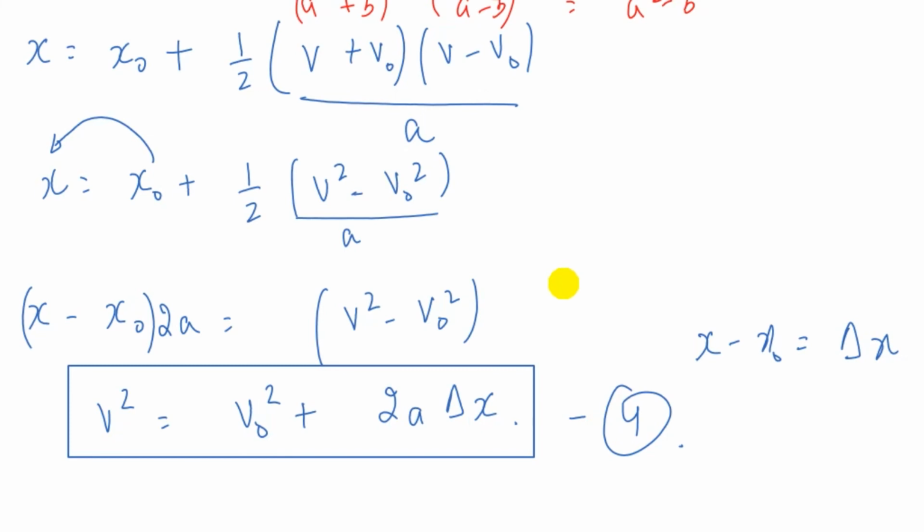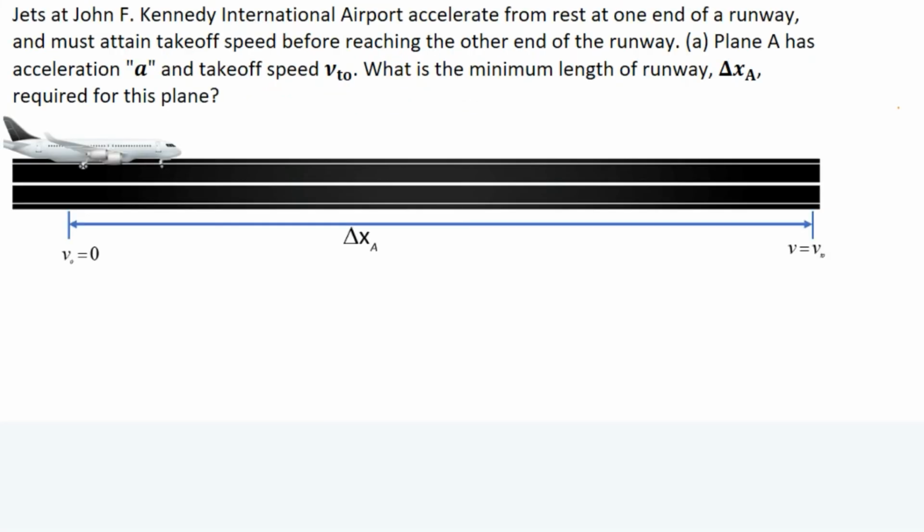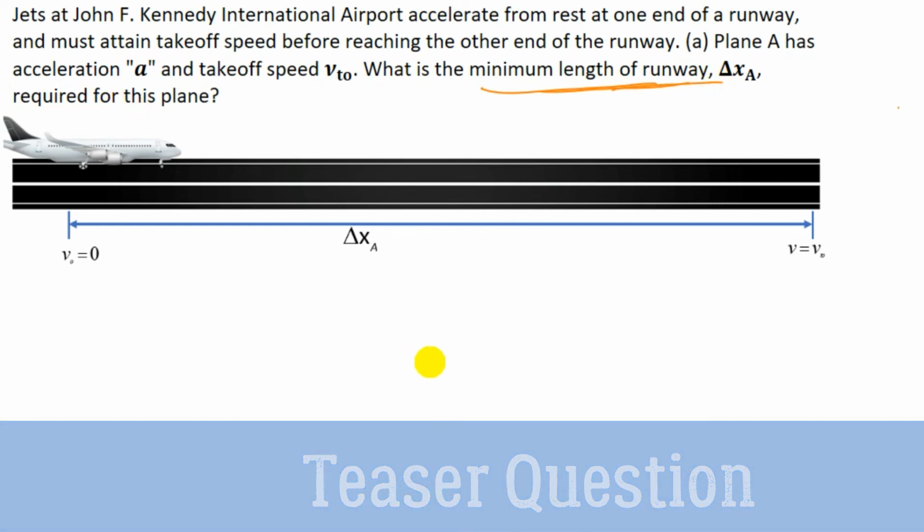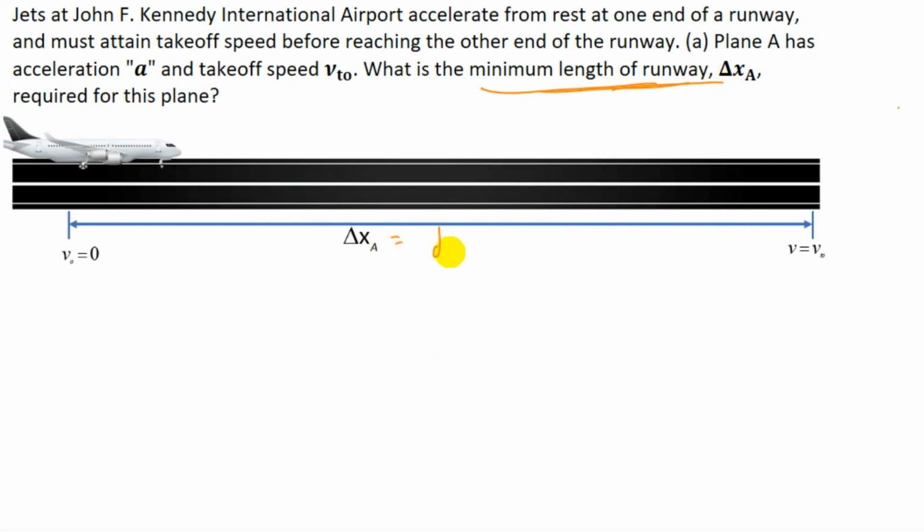Now let's take a question based on this equation. This is the same question that I discussed at the start of the video, and here we have to find the minimum length of the runway required for this plane, and this is the length of the runway, delta xa.